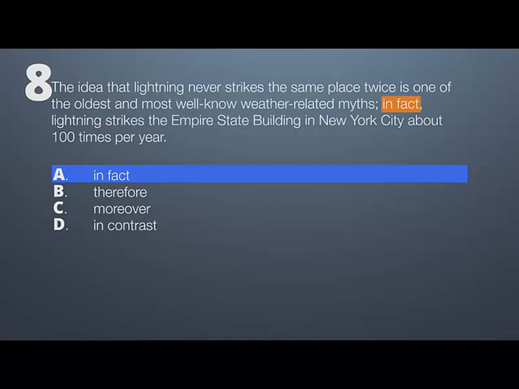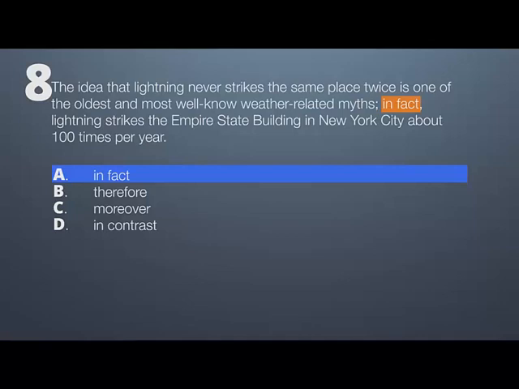In fact is what we call a transitional phrase to suggest reinvigoration or reinforcement. And what it's going to do is link two main clauses.